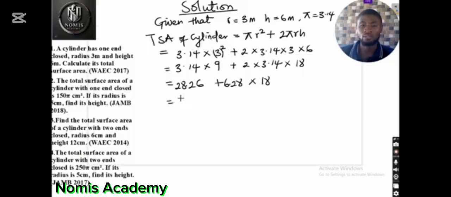So this is equal to 28.26 plus 6.28 multiplied by 18.